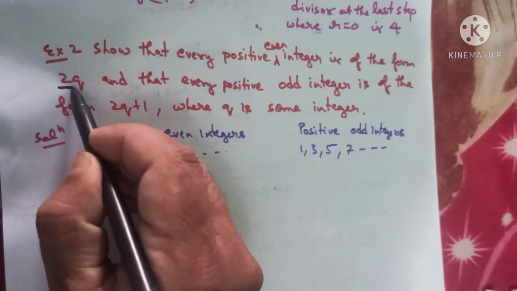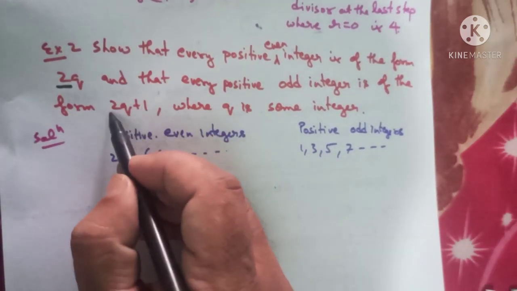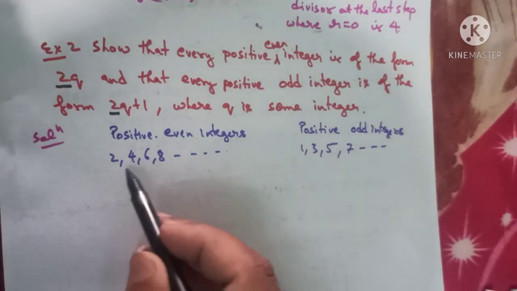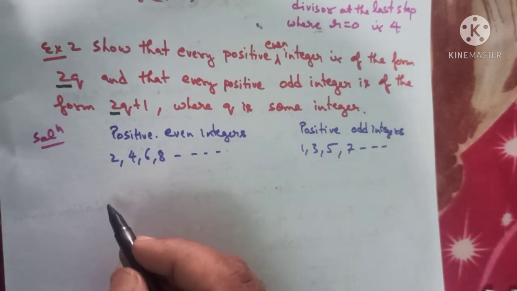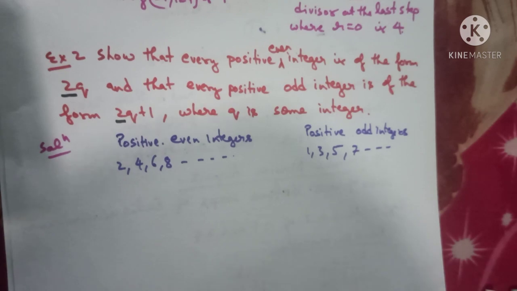In 2q also the divisor will be 2, q is the quotient, and in 2q plus 1 the divisor is 2, q is the quotient and remainder is 1. So all these numbers we have to divide by 2 and check.